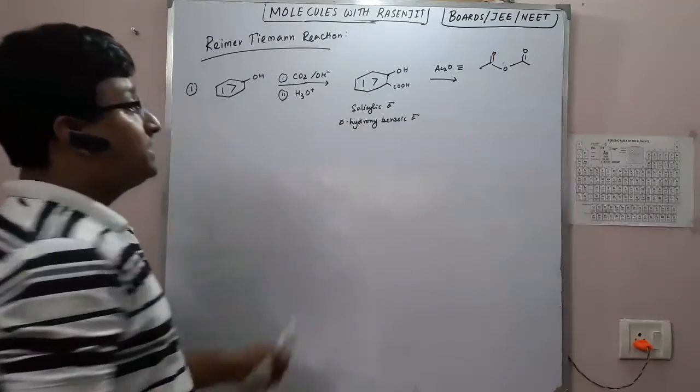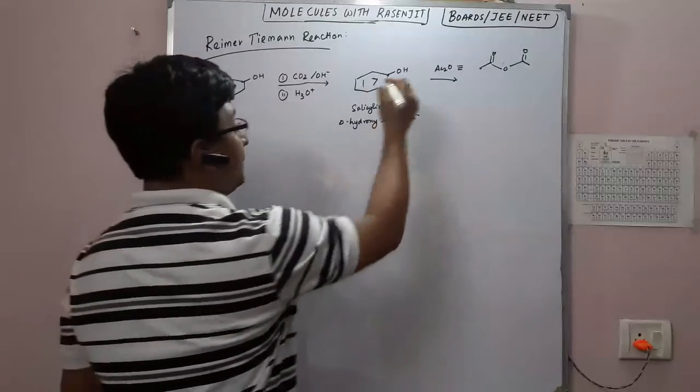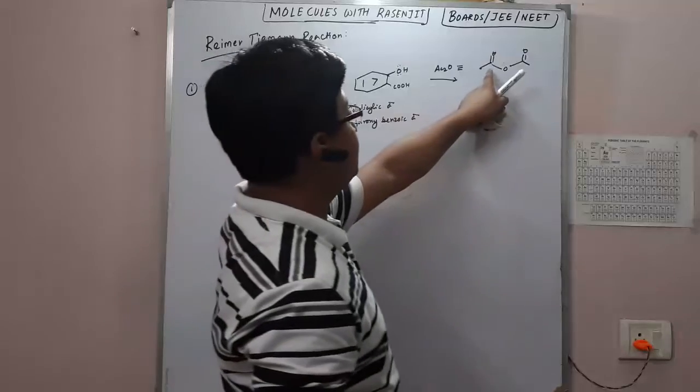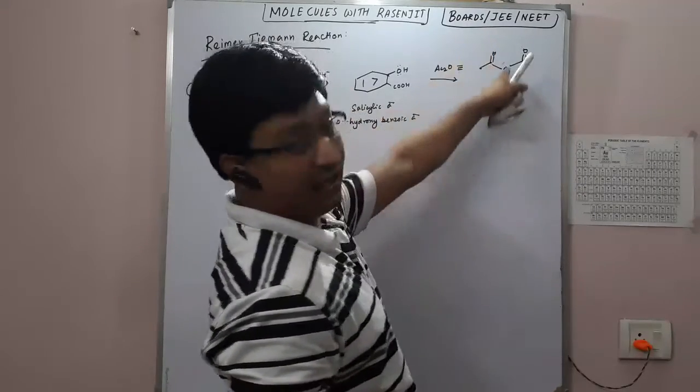Now, in presence of acetic anhydride, what will happen? This O has a lone pair of electrons. It will attack this position and come out and take away again.